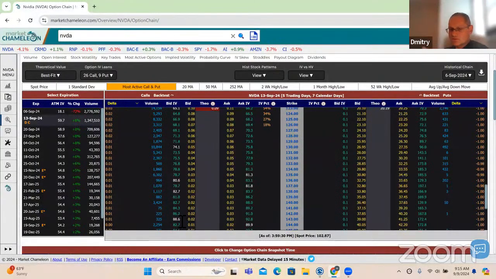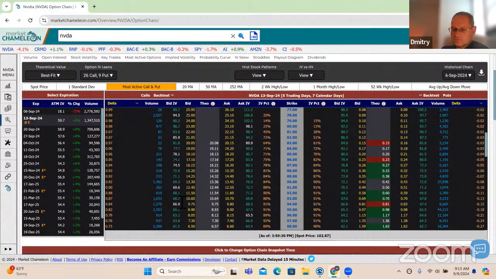So this is a skew that maybe looks almost like a smile. So that's one benefit of looking at the implied volatilities: you could quickly get a sense of the relative values of the options.